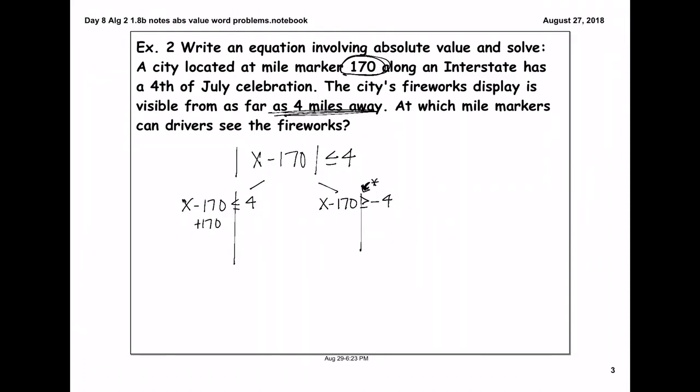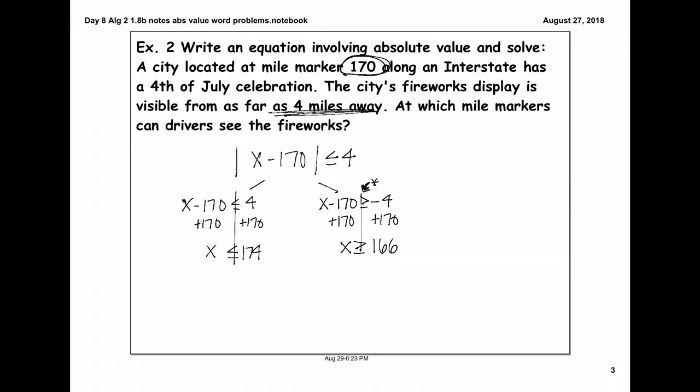So we use the inverse by adding 170, so we get x is less than or equal to 174. The inverse of negative 170 again is plus 170, and we get x is greater than or equal to 166.